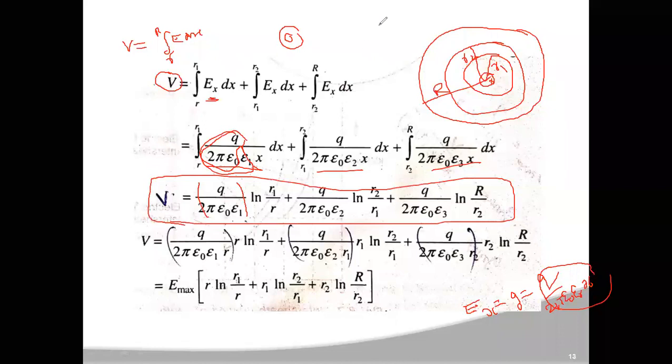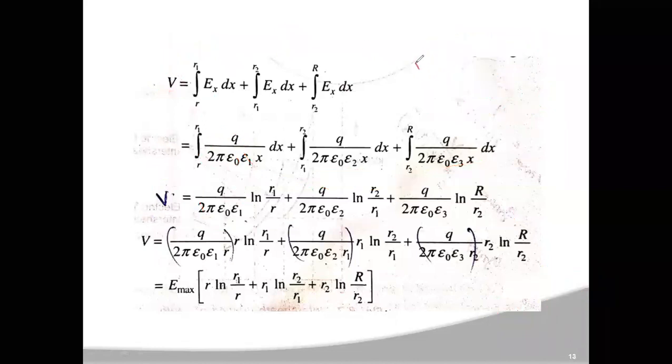what can you say? You know what G1 max, or G max 1, is. G max 1 is equal to Q by 2 pi epsilon naught epsilon 1 into r.